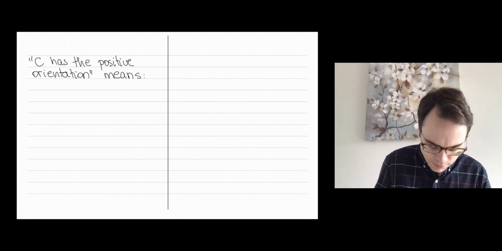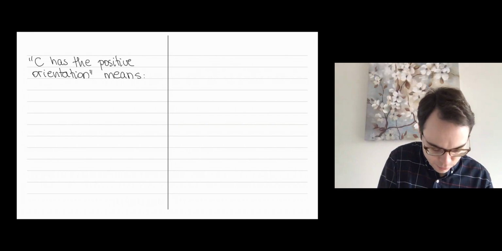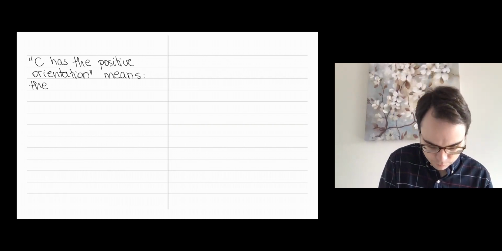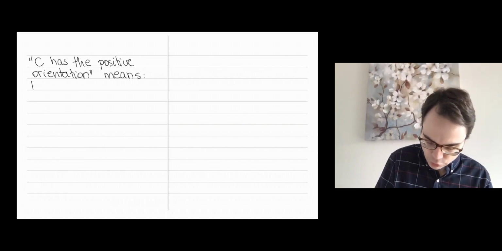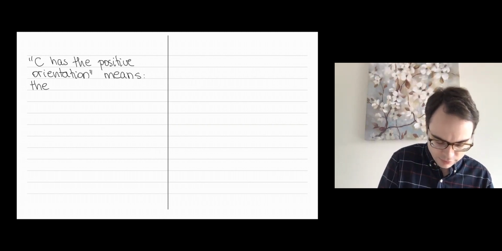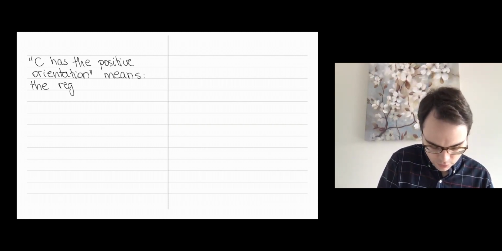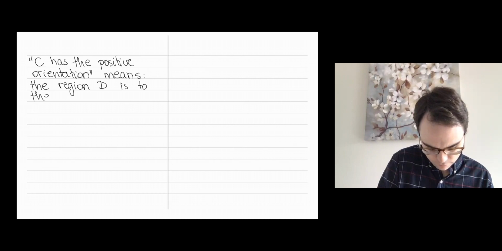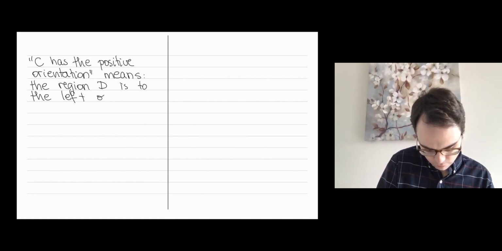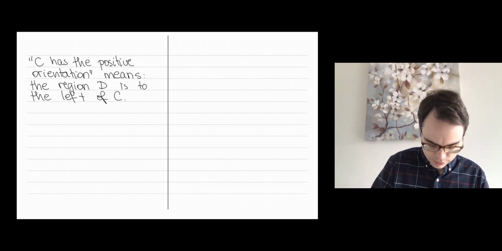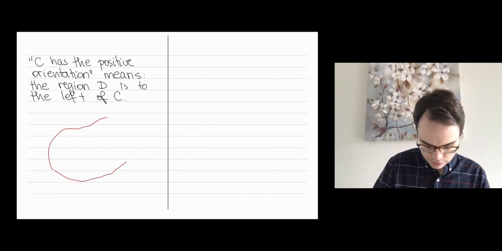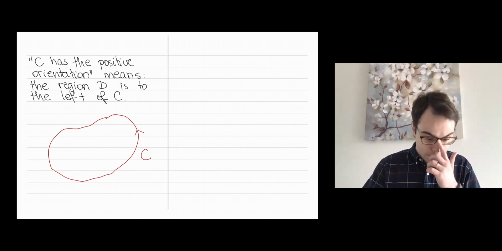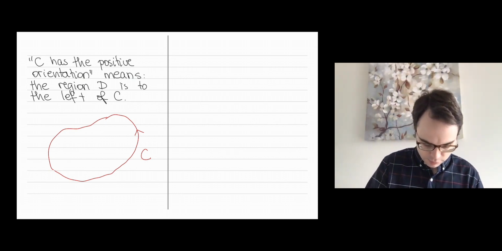C has the positive orientation means that the region D is to the left of C. Okay, let's do an example. It's the best way to understand these things. So here's my curve C, and inside is my region D. So let me draw.